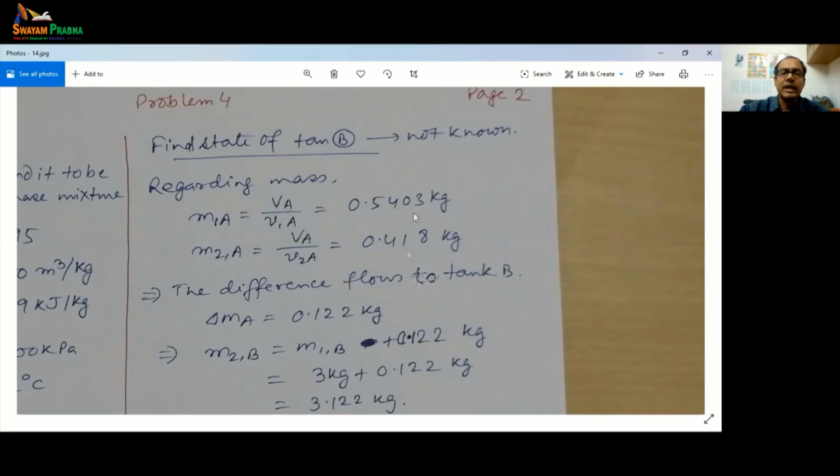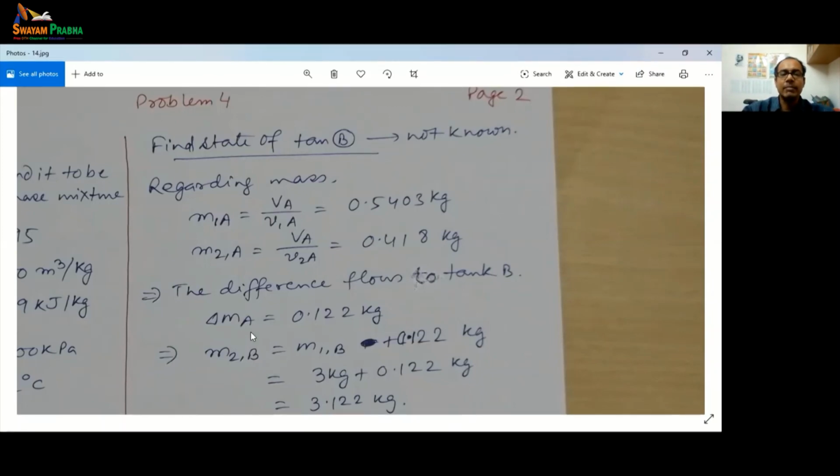So we need to find the difference in tank A mass between initial and final. The volume won't change for tank A, so by dividing it by the specific volume in state 1 and state 2, we can find the mass inside tank A in both cases. The difference of these two masses will flow to tank B, right?